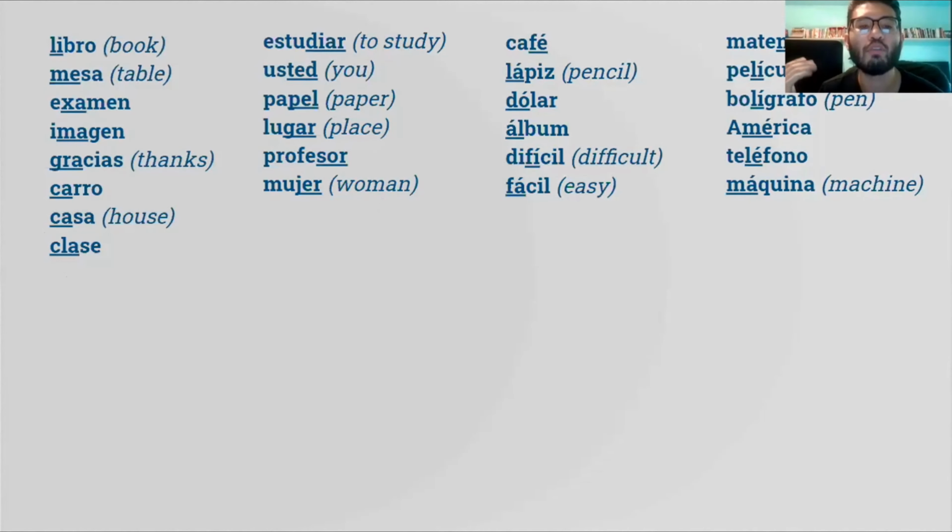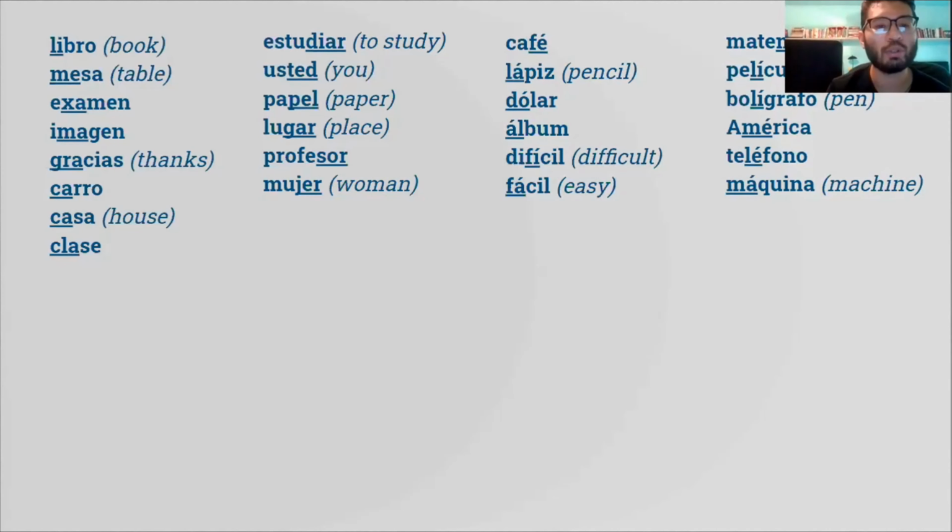Again, estudiar, usted, papel, lugar, profesor, mujer. This column has words with an emphasis on the last syllable, but because they end on a consonant other than N or S, they are expected to have the emphasis on that last syllable, so we do not need to write it down because the accentuation is where we expect it to be.